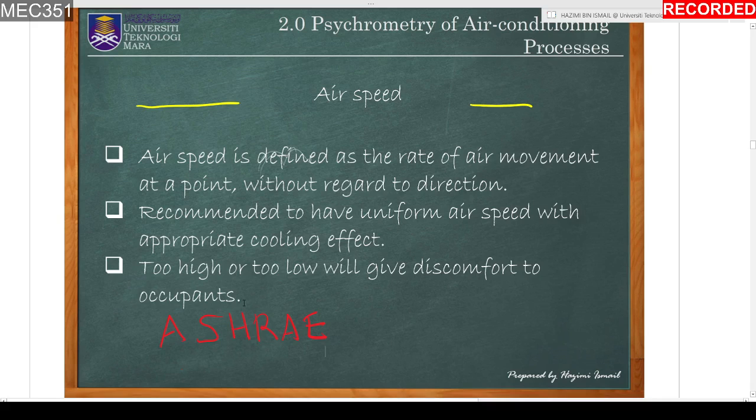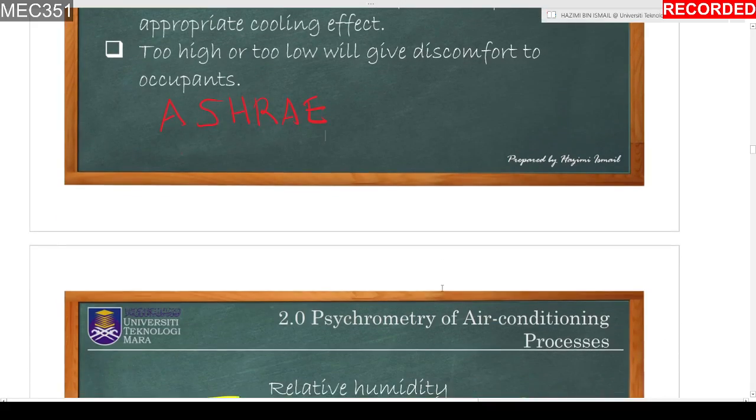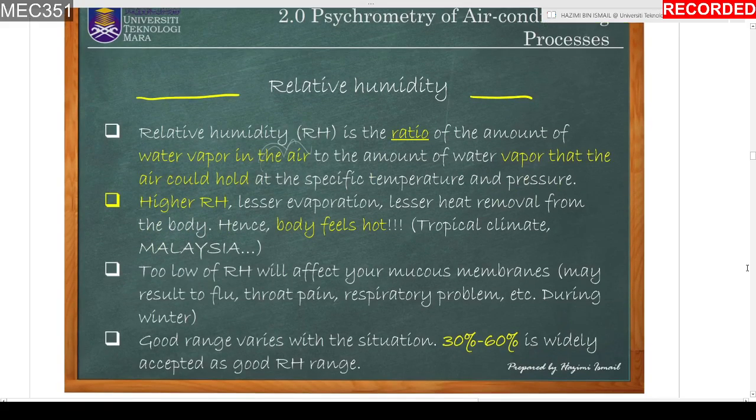Okay, so that's all about the airspeed. Now we go to the humidity. Basically we have two types of humidity. One is the relative humidity and the second one is specific humidity. But here we just note the relative humidity.